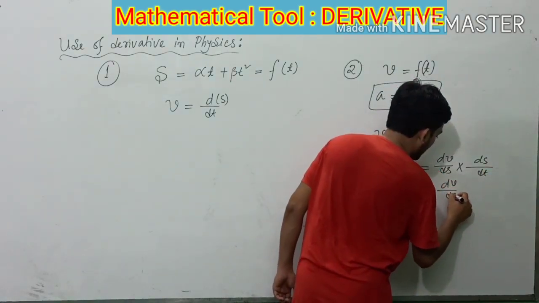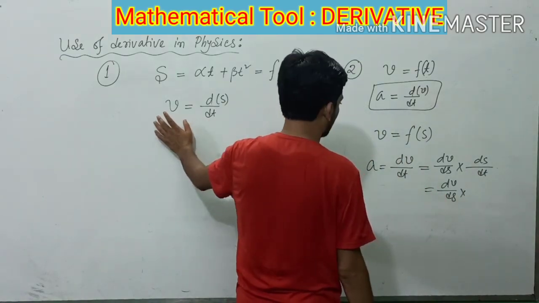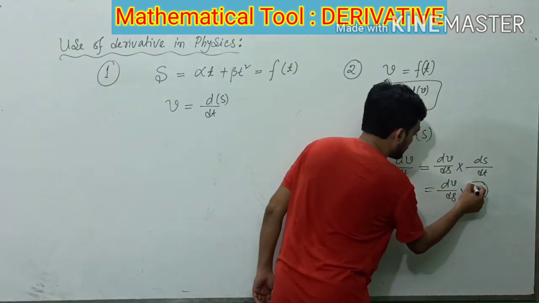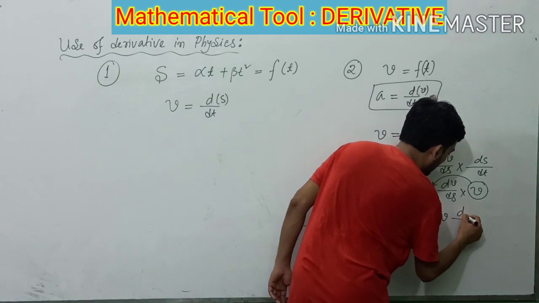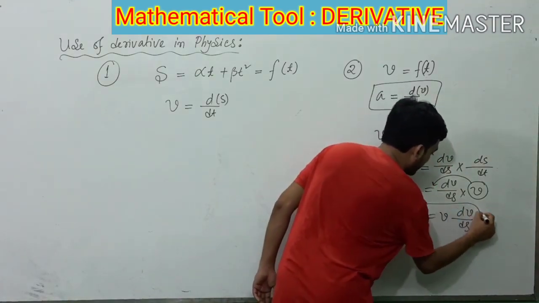So what does ds by dt represent? ds by dt is velocity, so you can write v before dv by ds. So ultimately we are getting v dv by ds as the expression of acceleration.